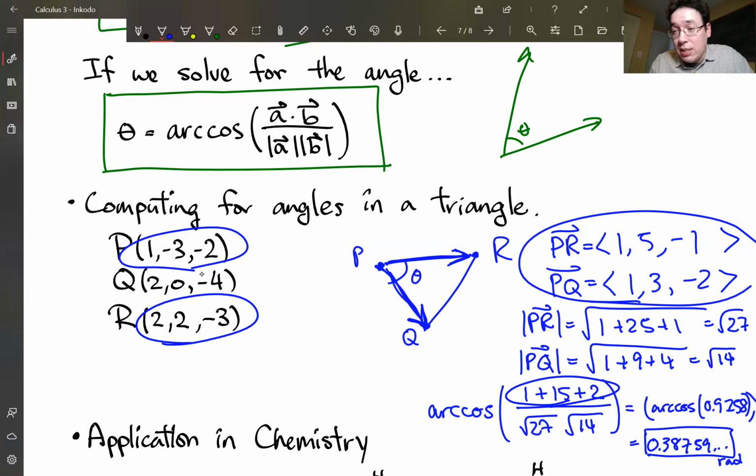If the dot product is exactly 0, it's exactly 90 degrees or pi over 2 radians. And if it's negative, then it's going to be an obtuse angle, a wide angle that's more than 90 degrees or more than pi over 2 radians. So the dot product detects if the vectors are pointing with each other or away from each other or exactly 90 degrees.